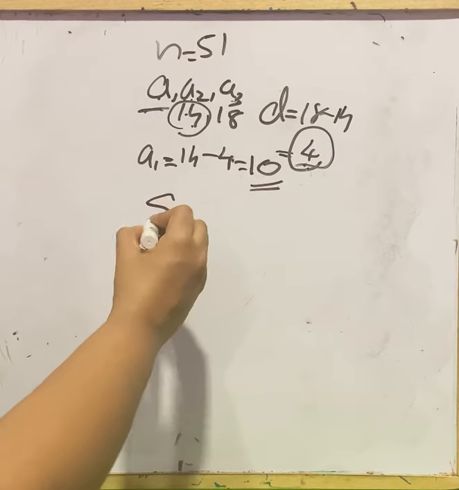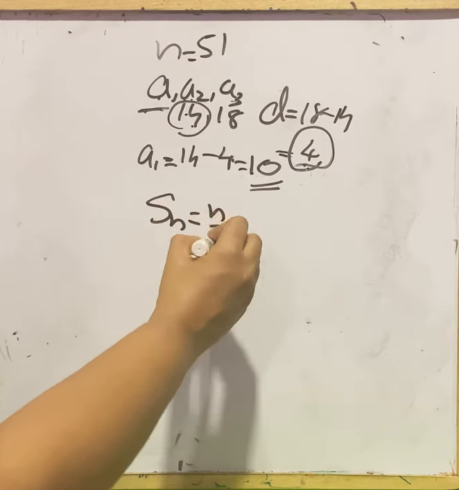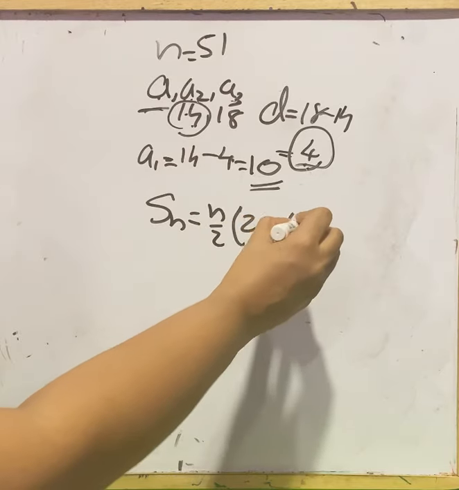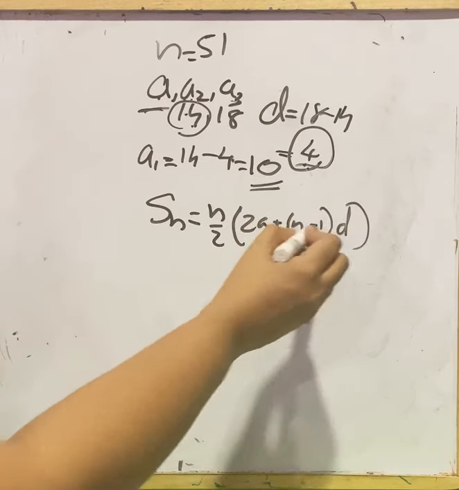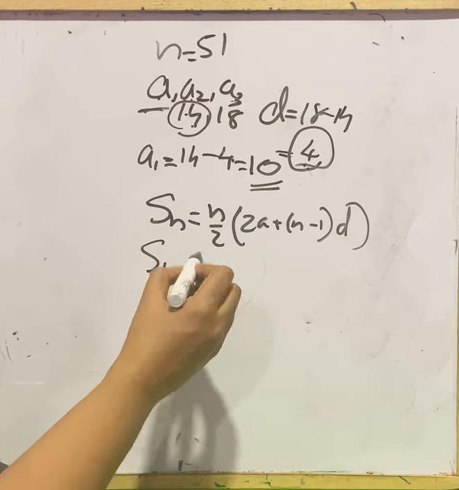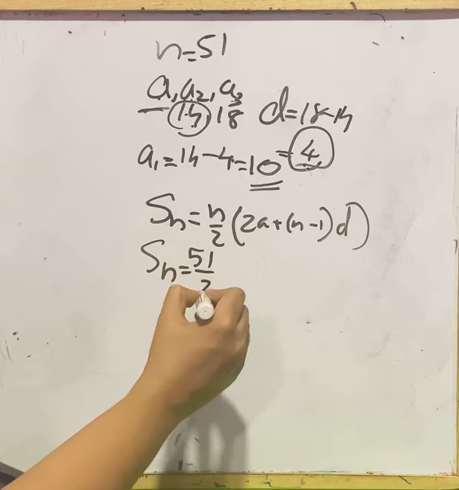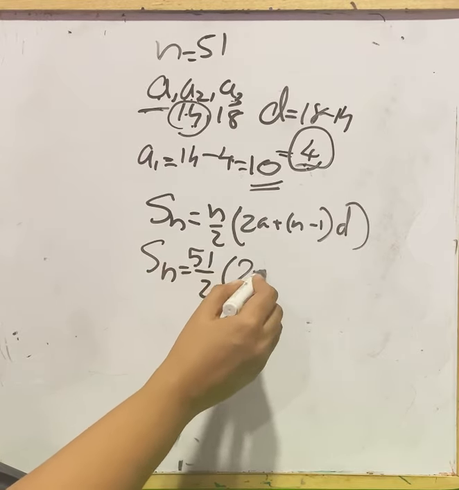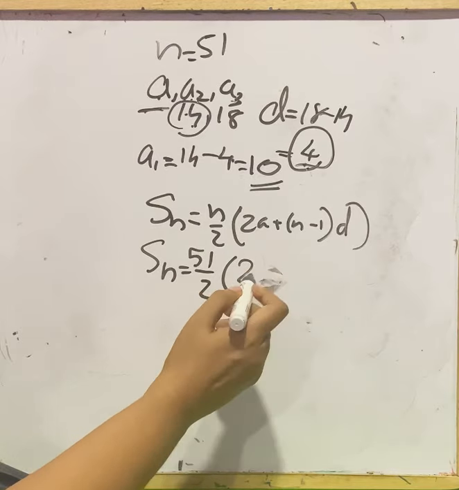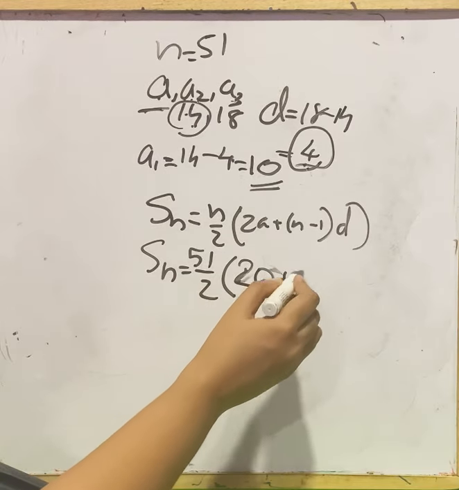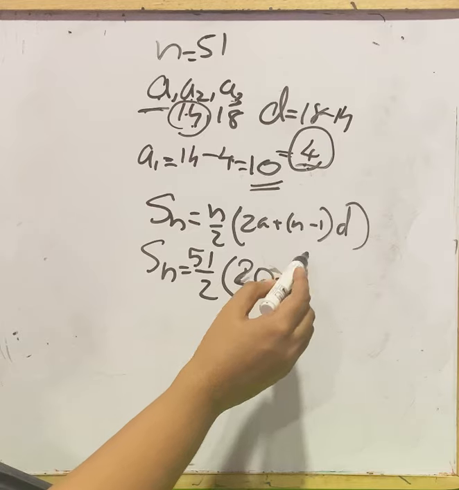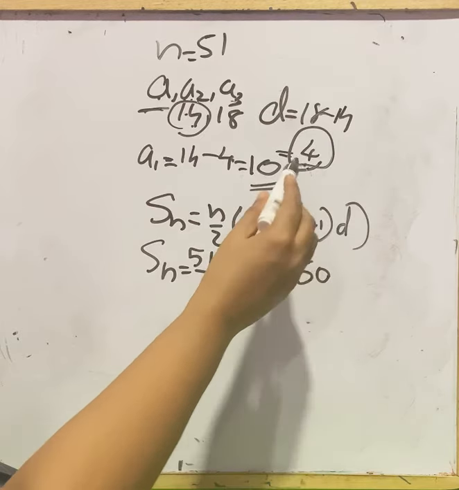Now you will find the sum. Sn equal to n by 2 into (2A plus (n minus 1) into D). That is Sn equal to n is 51 by 2 into (2 into 10, that is 20, plus n is again 51, 51 minus 1 is 50, into D is 4).